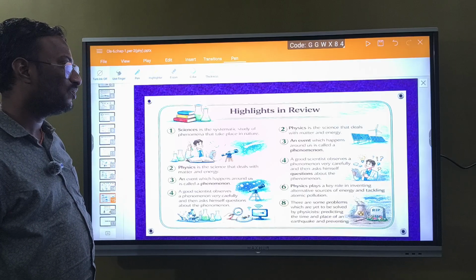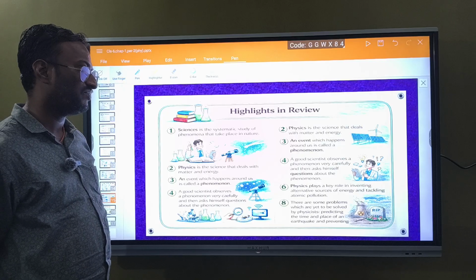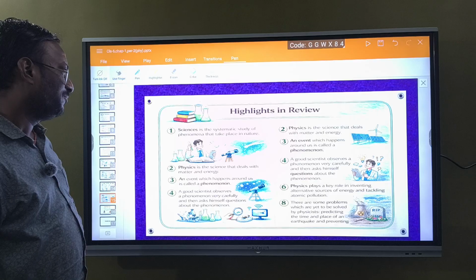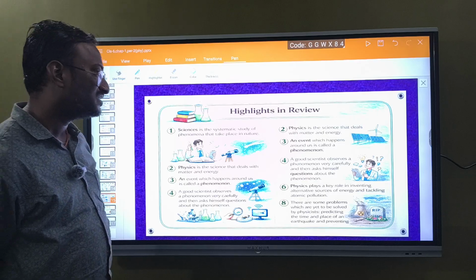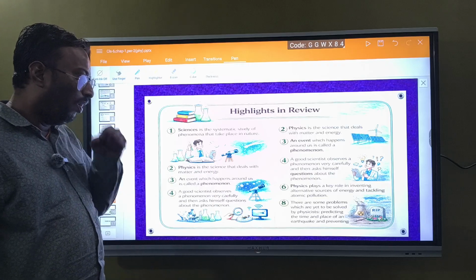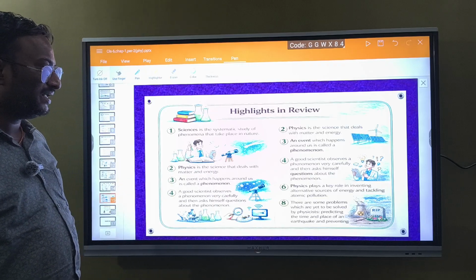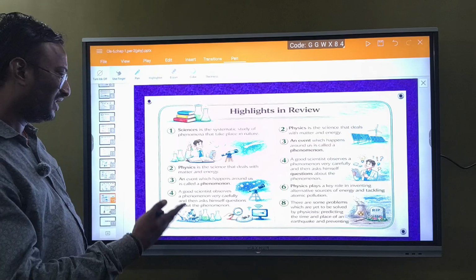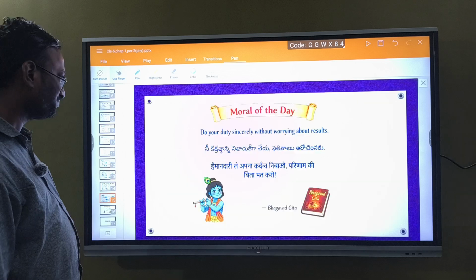Physics plays a key role in inventing alternative sources of energy and tackling atomic pollution. Some problems are yet to be solved, such as predicting the time and place of an earthquake.